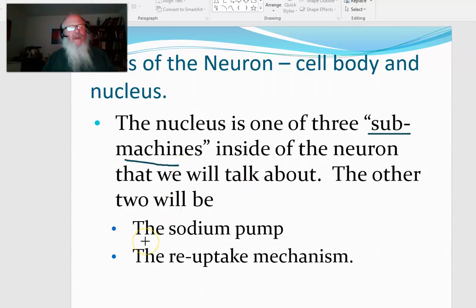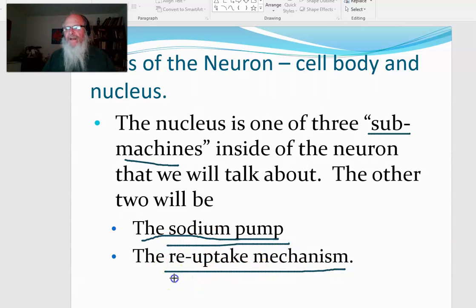The other two sub-machines that we're going to be talking about as we explore how the neuron works are going to be the sodium pump and the reuptake mechanism.